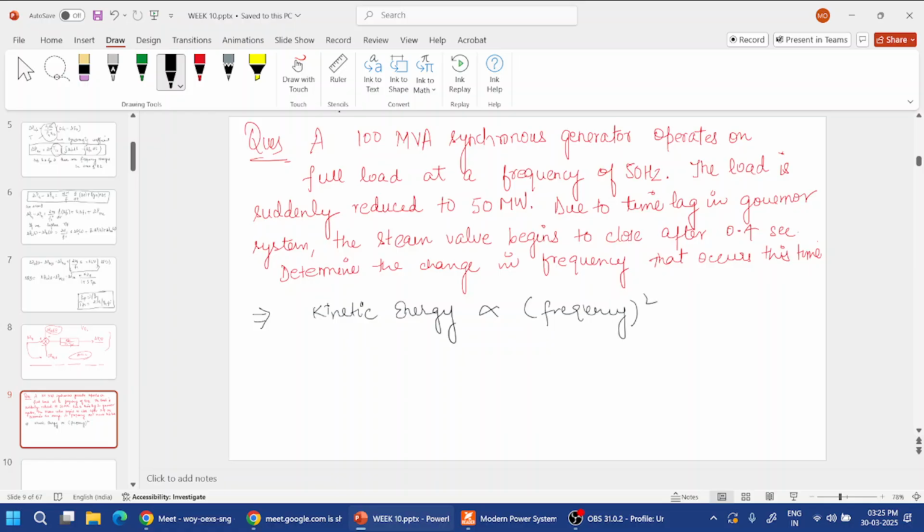So what happened here is that a 100 MVA synchronous generator operating on full load at 50 Hz has its load suddenly reduced to 50 megawatt. We have to find the change in frequency.